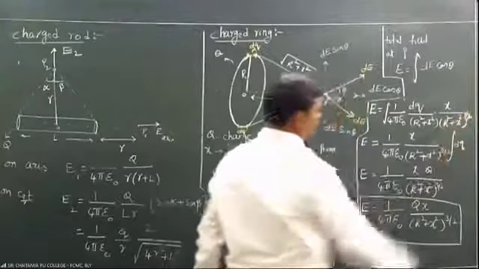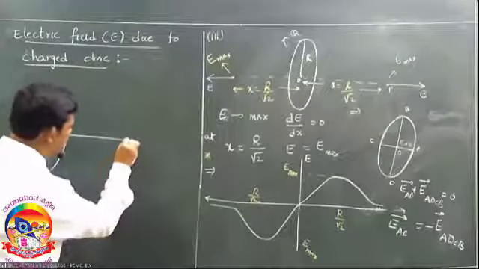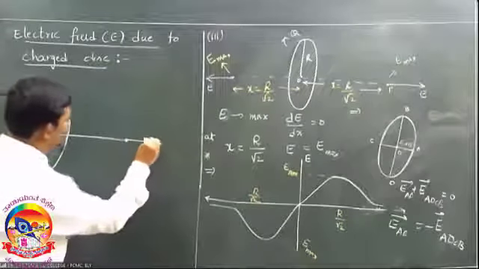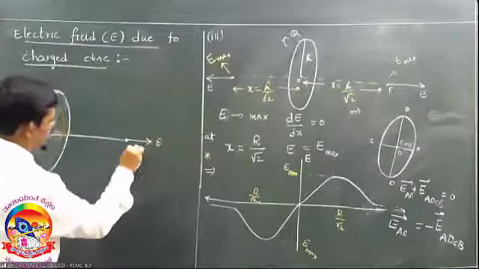Radius is R. From the disk, at a point on its axis, at a distance x, what is the intensity?